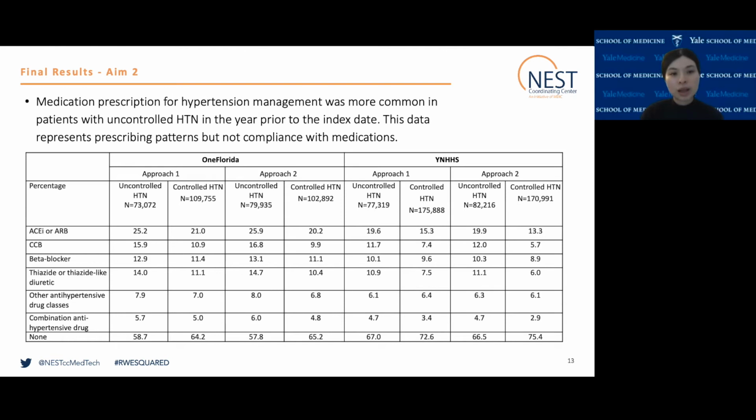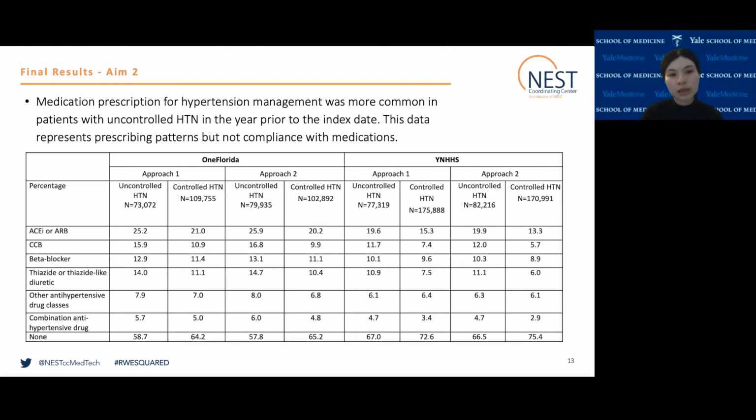So this implies a large opportunity for improvement. And maybe also because we include patients without a diagnosis of hypertension, but who have elevated blood pressure in our study population. These patients don't have a diagnosis, therefore they may not have a prescription for antihypertensive treatment.